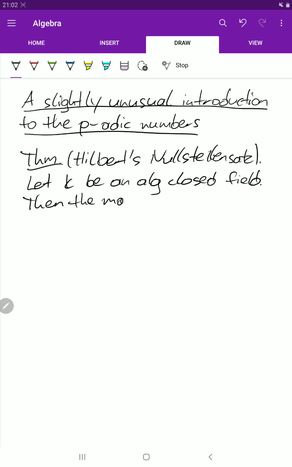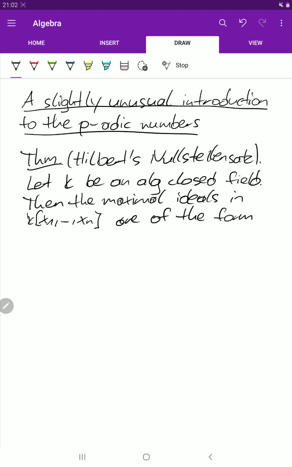The maximal ideals in the polynomial ring in n variables, so we take K[x1, ..., xn], are of the following form, namely (x1 - a1, ..., xn - an) with ai in K. Okay, I'm not going to prove it, but that's the statement.